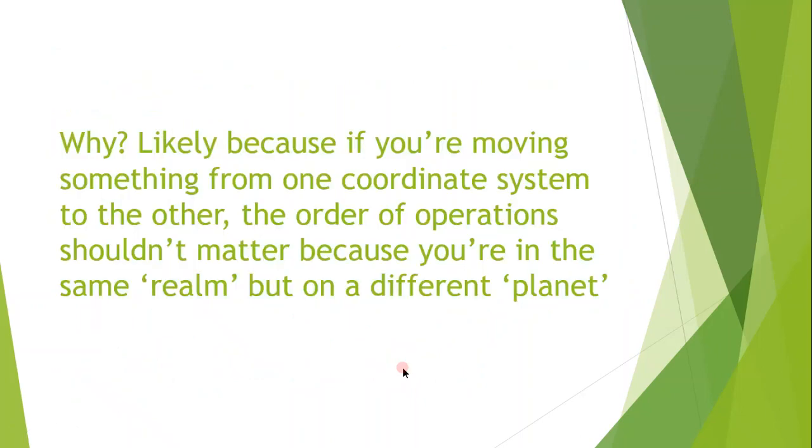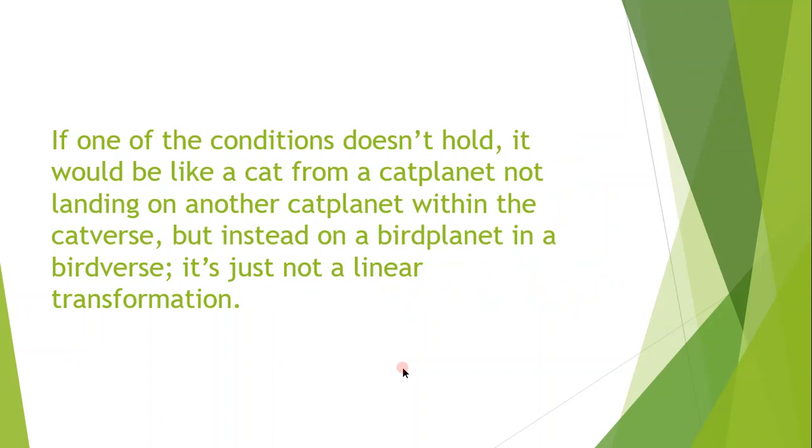So how do we go about proving this? Why is it these two conditions? Likely because if you're moving something from one coordinate system to another, the order of operations shouldn't matter, because you're in the same realm but on a different planet. If one of the conditions doesn't hold, it would be like a cat from a cat planet not landing on another cat planet within the catverse, but instead on a bird planet in a birdverse.